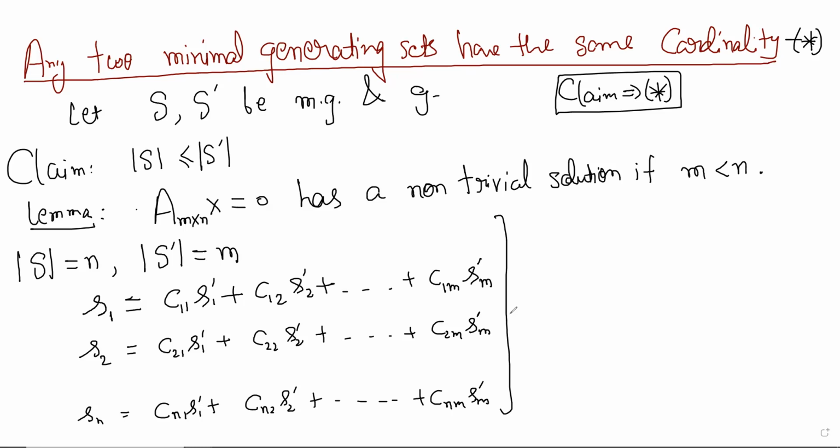Let me write this in this form. This thing I will write as a column: C11, C12, Cmm. I will write as a column.